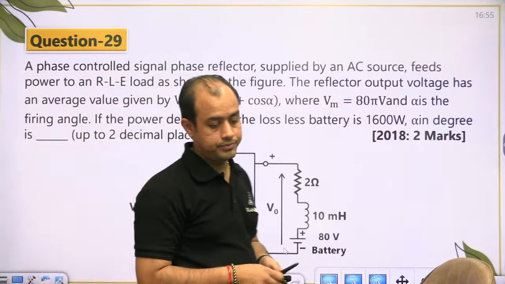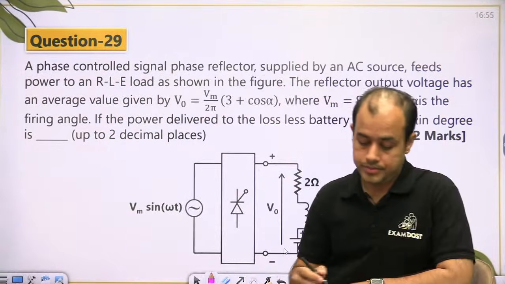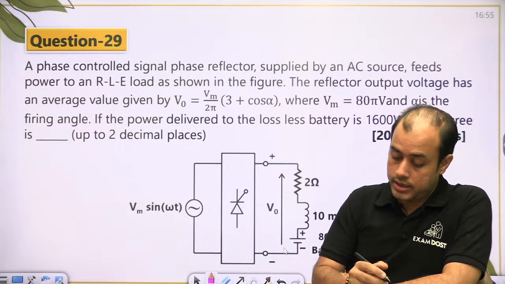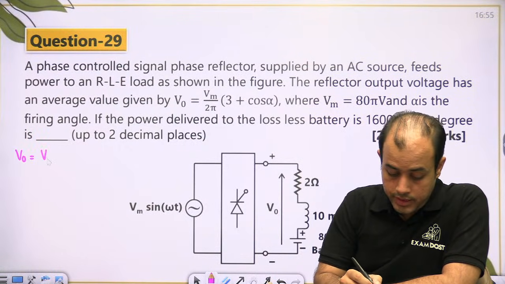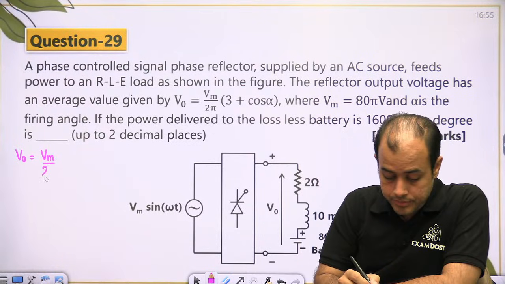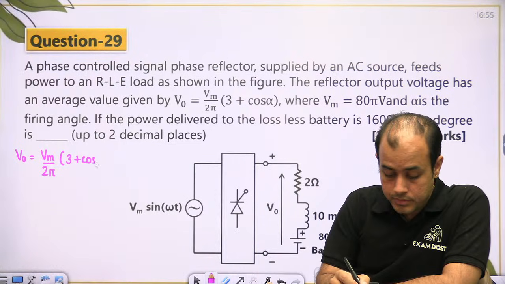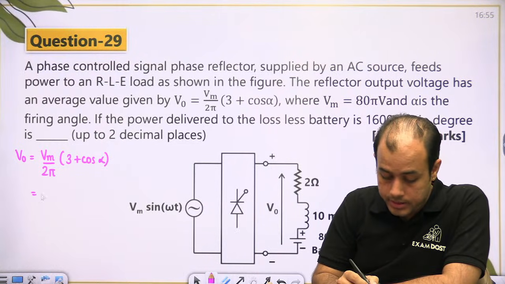देखो V नॉट इज Vm by 2 pi, 3 plus cos alpha. Now Vm is 80 pi.